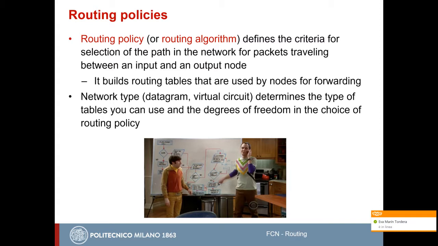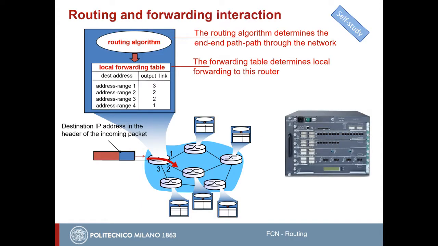We have already introduced the virtual circuit service. Basically, the big difference is that in a virtual circuit, you identify a packet as belonging to a specific flow, and so not only the output is interesting, but also which input port was used by the packet to arrive at the node. In the case of datagram, you are just identifying the destination of the packet.